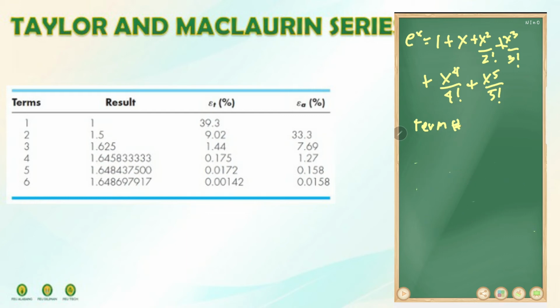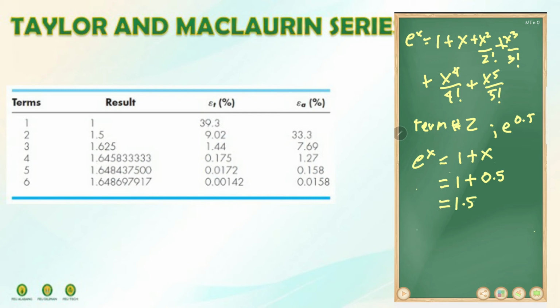So for term number 2, e to the x is equal to 1 plus x. Since we have e raised to 0.5, therefore x is equal to 0.5. So the result for the second term is 1 plus 0.5. Why 0.5? Because e to the 0.5, so therefore x is equal to 0.5. So the result is equal to 1.5.